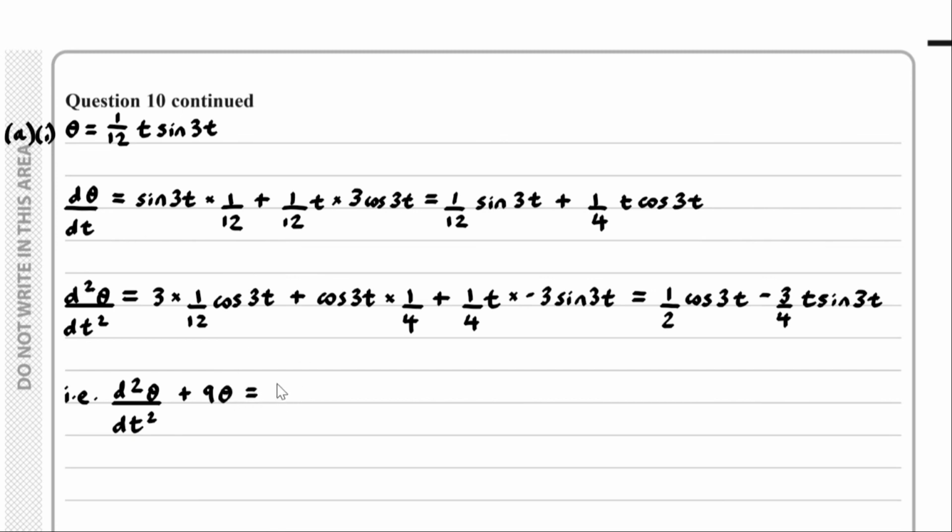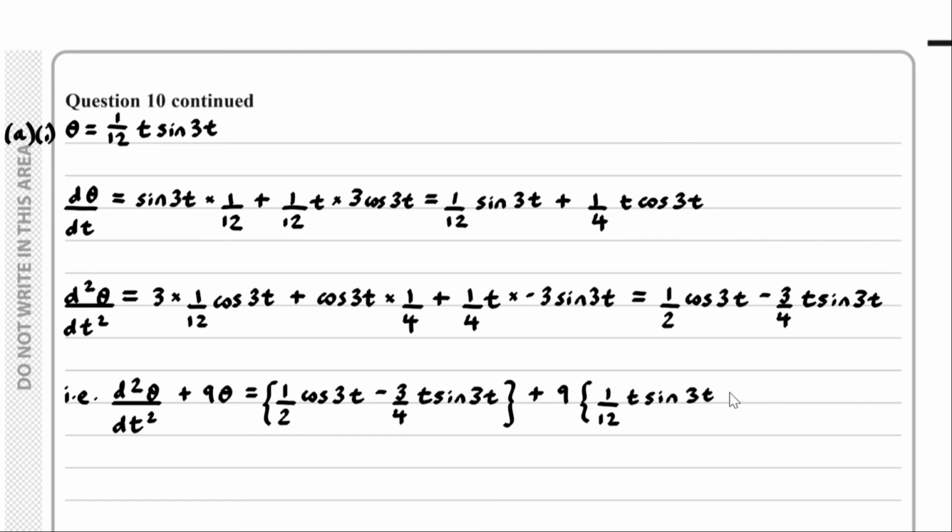So I've got 1/2 cos 3t minus 3 quarters t sine 3t, and then I add on 9 multiplied by theta, which is 1/12 t sine 3t.